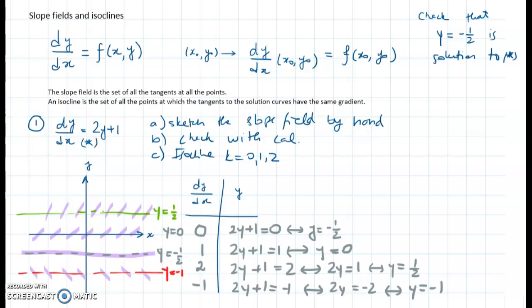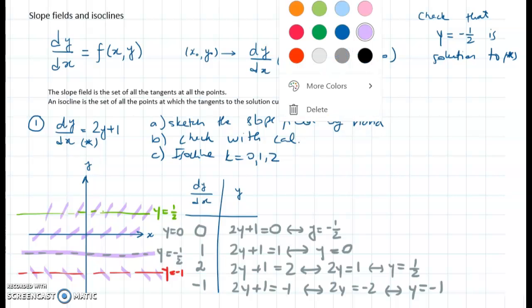And we can see what the pattern will be if I consider horizontal lines y equals k, with k increasing, the slope will be increasing, and with k decreasing, the slope will be decreasing. So now I'm going to take another color and use that information to sketch how a solution is going to look.